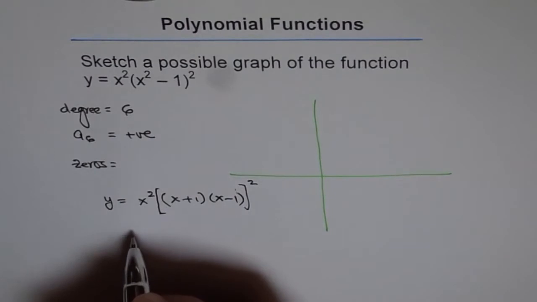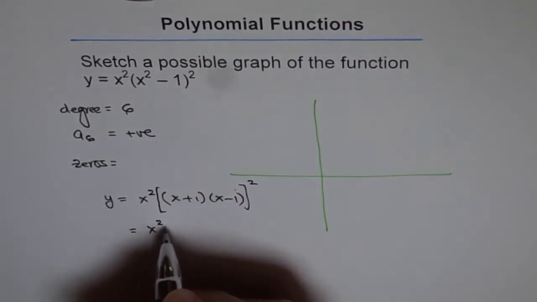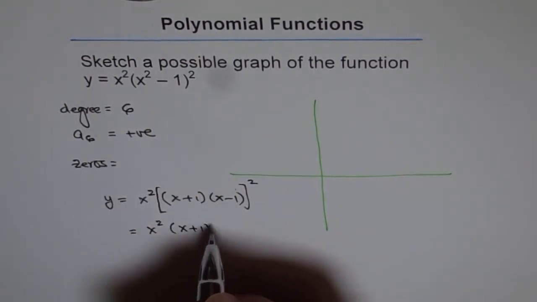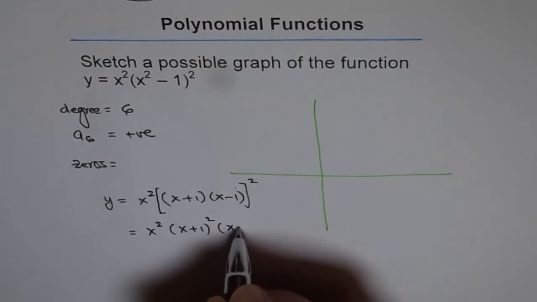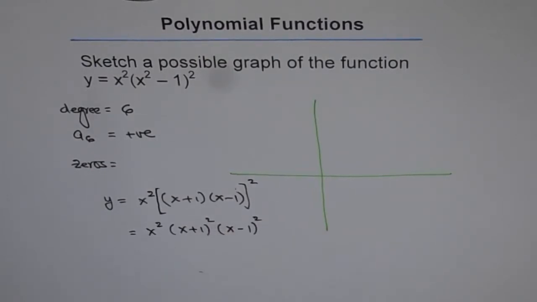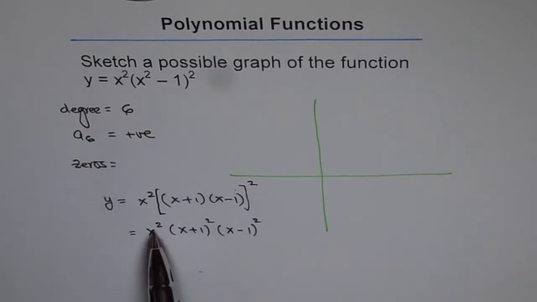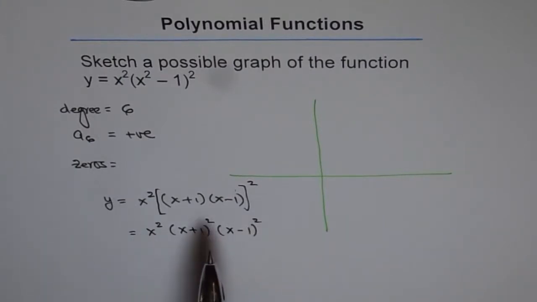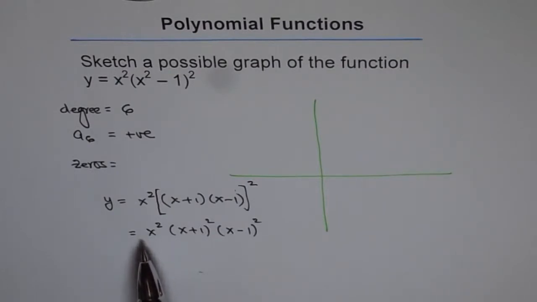So I can write this as x squared times (x plus 1) whole squared times (x minus 1) whole squared. Again, you can check: 2 plus 2 plus 2, we get a degree of 6. The leading coefficient will be 1, so it's positive.